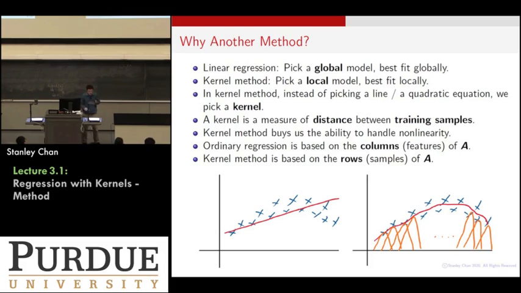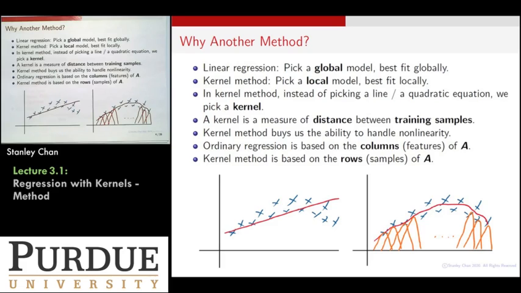Another thing that I want you to keep in mind is the difference between the linear regression that we have seen so far. It is more about a column space perspective, where you treat the data as many columns. Each column is a feature vector. Now a kernel method is the opposite, the row space perspective.